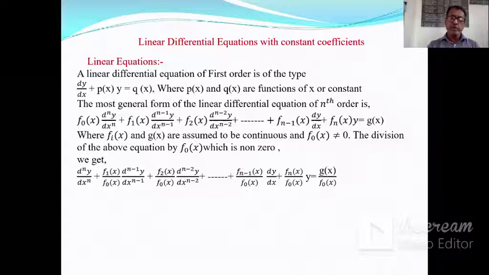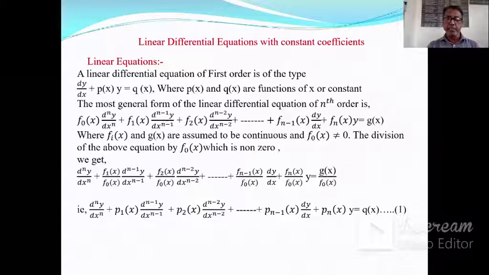This is the nth order linear differential equation. We take f1 of x by f naught of x as p1 of x, f2 of x by f naught of x as p2 of x, and so on. In general, pn of x is equal to fn of x by f naught of x, and g of x upon f naught of x is q of x.